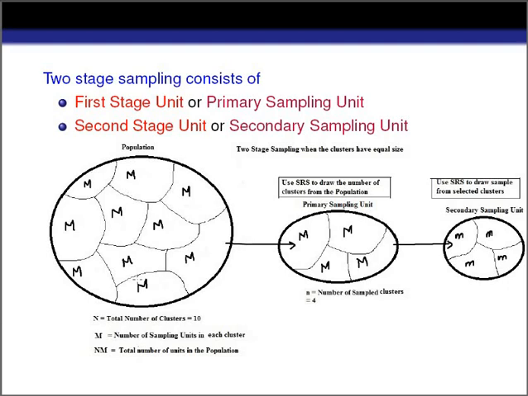Suppose this is our population, divided into different clusters. How many clusters are there? There are 10 clusters. We have discussed the same example as the previous one.